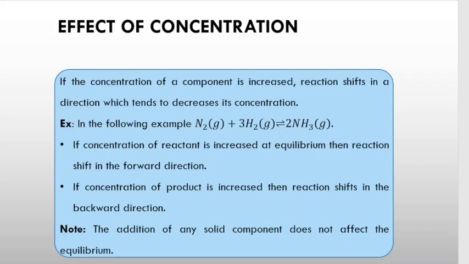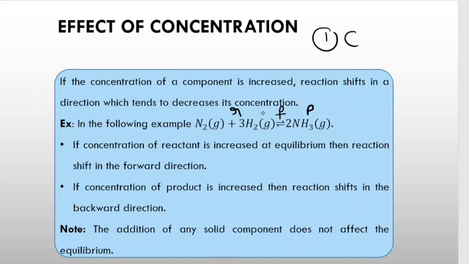Let's consider the example N2 plus 3H2 gives rise to 2NH3, and the first factor is the concentration. Before applying any change, let us see what is happening in the reaction. If we consider the forward reaction, reactants are converting into products.